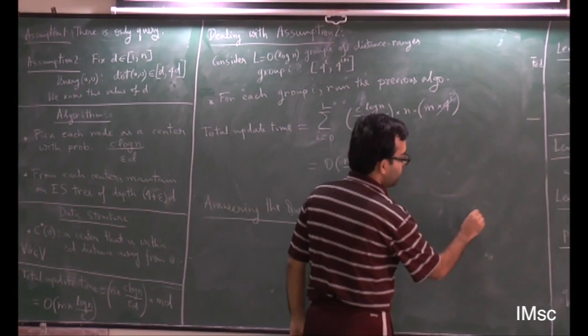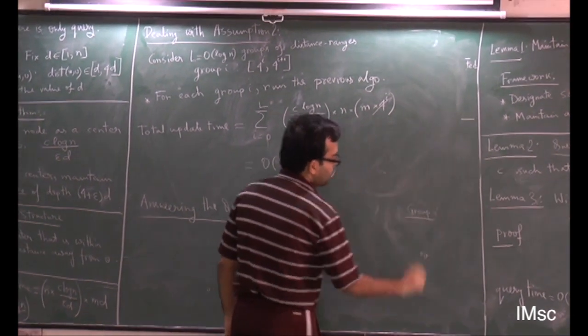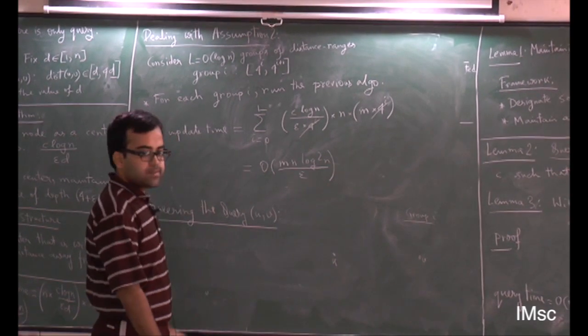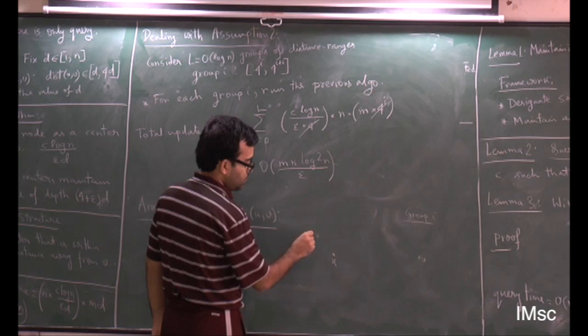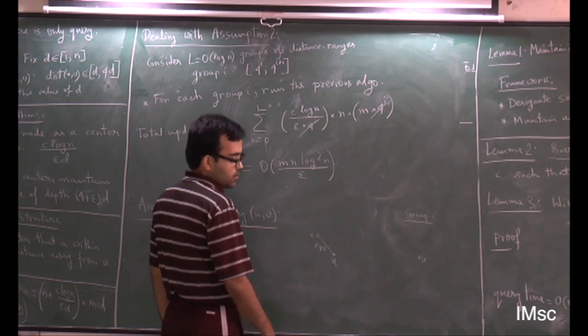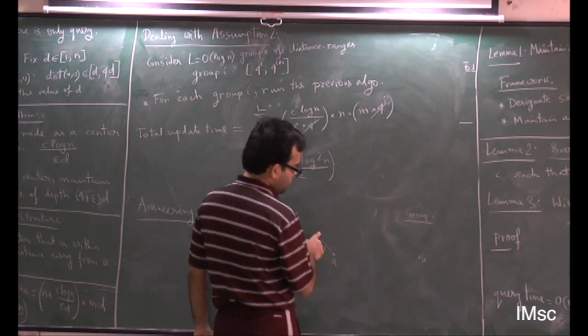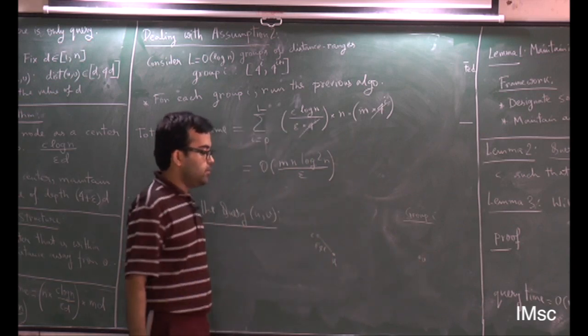Suppose you are looking at group I. So, you probe the data structure and you find a center C that is say within epsilon times 4 to the power I distance. Okay. And then you observe whether V is in the Even-Shiloach tree of C.